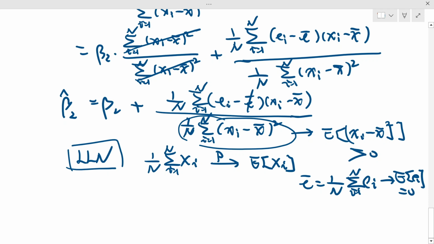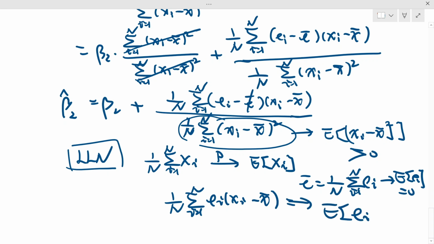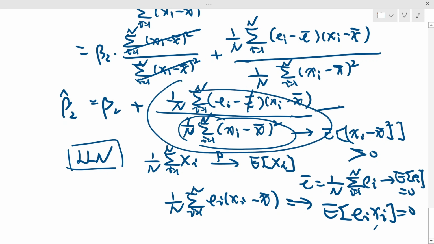And these terms will converge to 0, which is the assumption we need, exogeneity, that X is exogenous. So the whole term converges to 0 in probability.